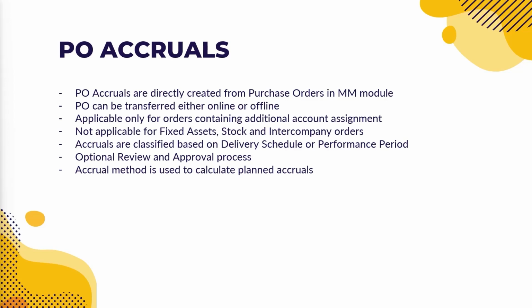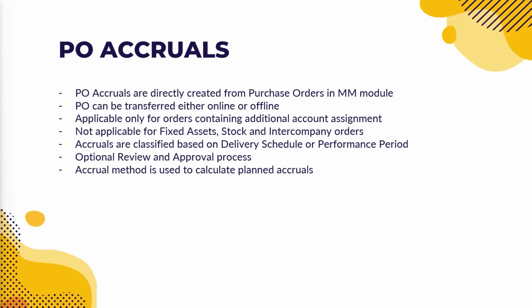But depending upon your business requirements, if you also want to consider fixed assets or stock or intercompany stock transfer orders in the purchase order accrual engine, then SAP has provided certain BAdIs which you can implement with custom logic so that the accrual engine can pick up all the account assignment categories.